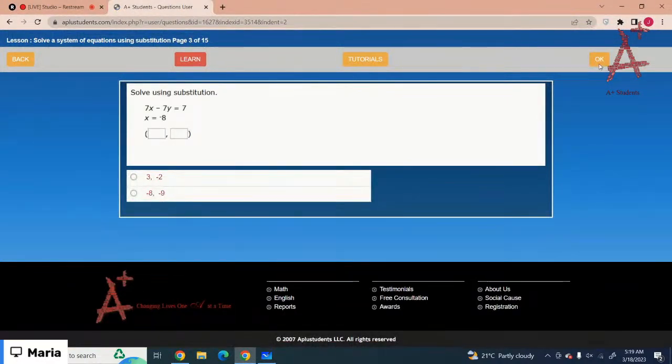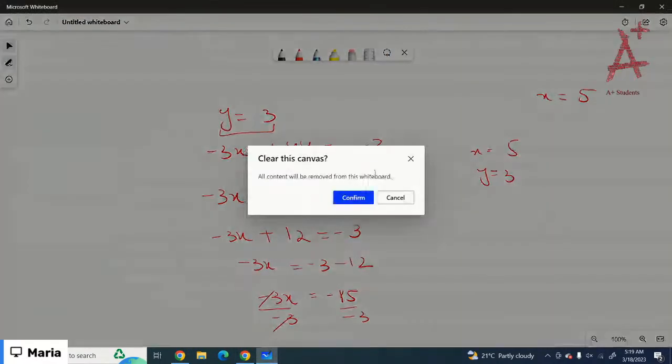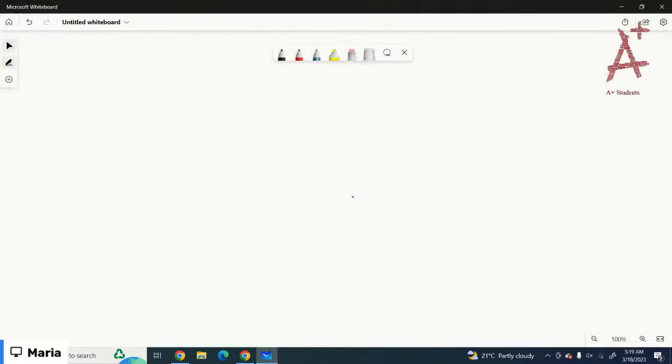Okay, the next one is 7x minus 7y equals 7. And the second equation is x equals negative 8. So x equals negative 8 is already isolated. Just substitute the value in the equation. 7 times negative 8 minus 7y equals 7. 7 times 8 is 56.